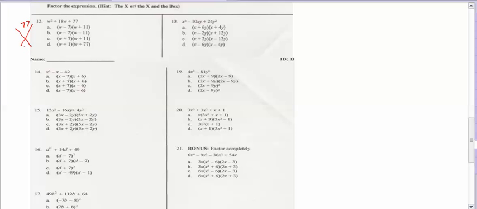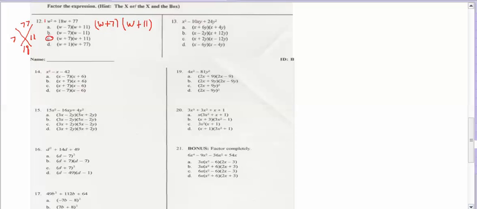Add up to be 18. How about 7 and 11? Okay, do I need to do my box? And the answer is no, because there's a 1 there and there's only one variable. So my answer is w plus 7 and w plus 11. And I look for my answer, w plus 7, w plus 11, and it looks like it's letter C.